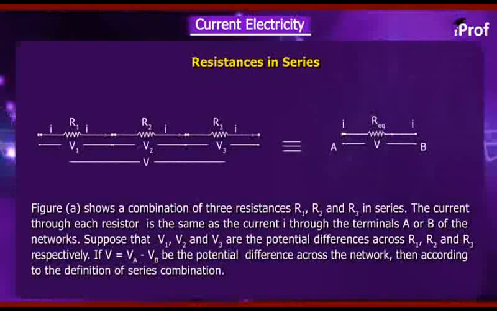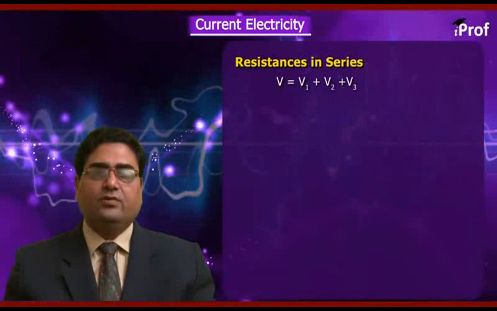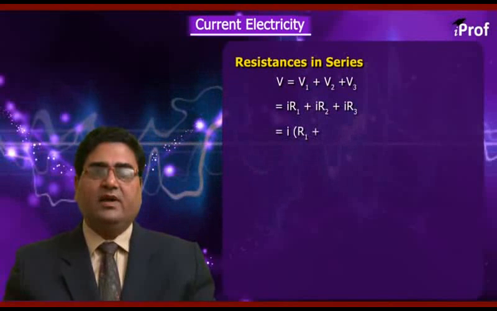If V equal to VA minus VB be the potential difference across the network, then according to the definition of series combination, V equal to V1 plus V2 plus V3 equal to IR1 plus IR2 plus IR3 equal to I multiplied by R1 plus R2 plus R3.